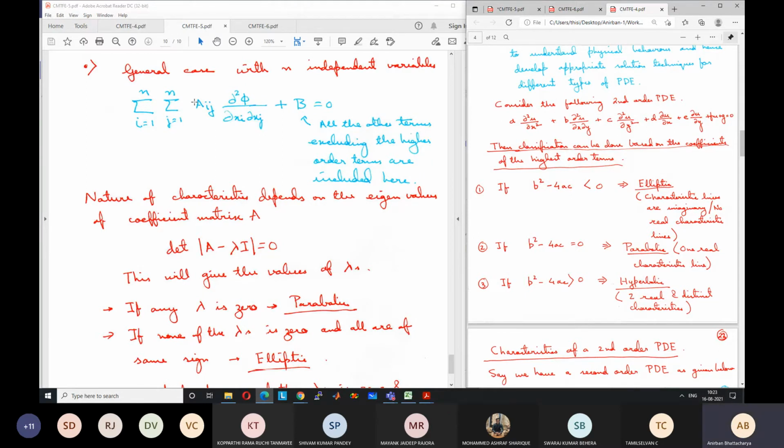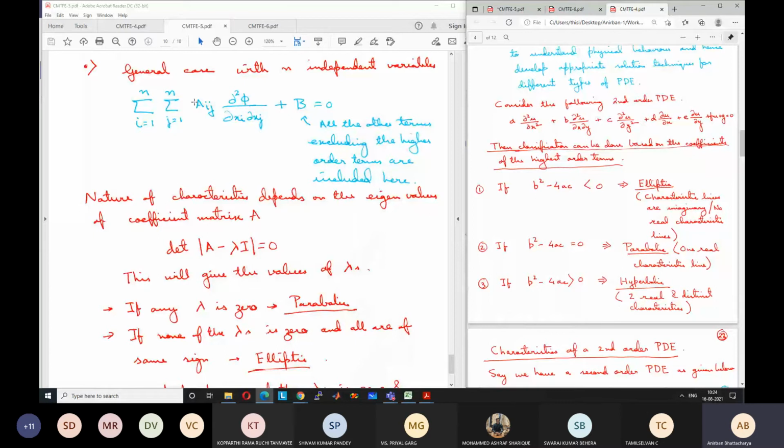Number of independent variables. Correct, so n by n, if n is the number of independent variables.